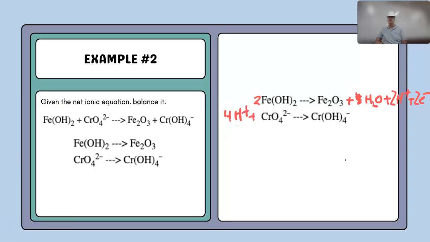And then I look at my charge. I have 1 minus and a total of 2 minus. So if that was the case, 2 plus. So in order to bring that down, I need to add in 3 electrons. Double check that. So 3 plus 2 minus, that'd be 5 minus. 1 minus in total, 1 minus in total. All right, let's see, changing things so we can add these together.